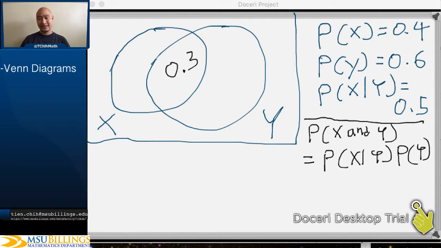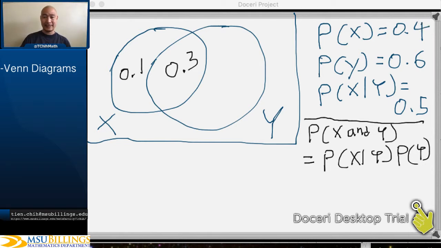Once we have that, I can actually fill out the rest of this Venn diagram. How many people are in X? Well, X is 40%, right? Or 4 people. And that must mean that there's 30% or 3 people here. Then there must be 10% or 1 person right there.